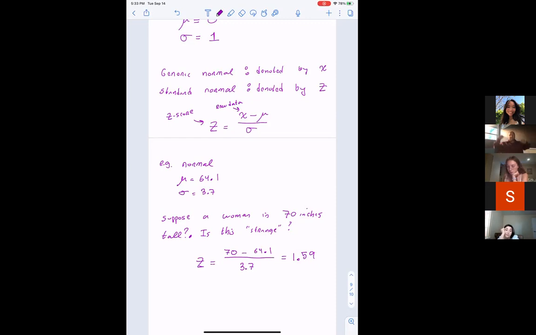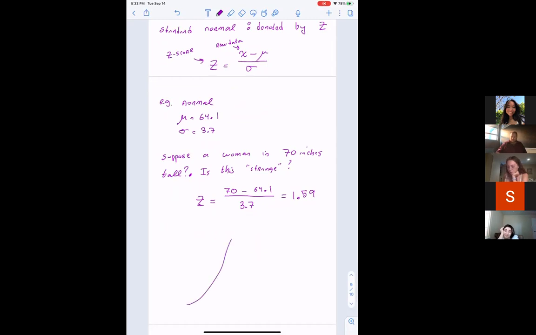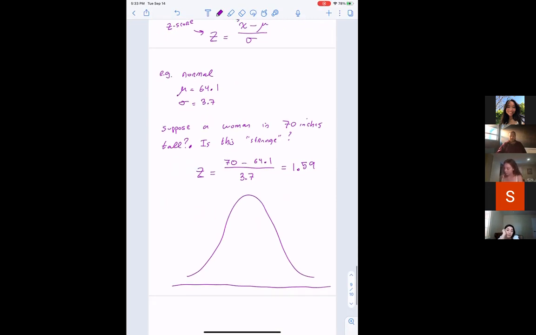Is it strange to be 70 inches tall or not? Well, let's draw the normal curve for the standard normal. What number is the mean? No, that's for the original normal.